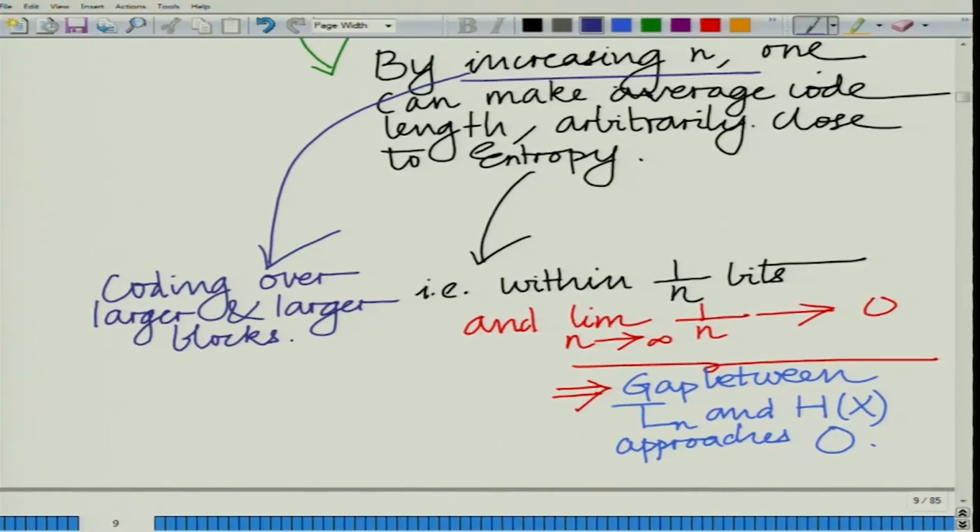That is the key. By coding over larger and larger blocks, one can approach arbitrarily close to the entropy, that is, within 1 by n, where n is the block length.